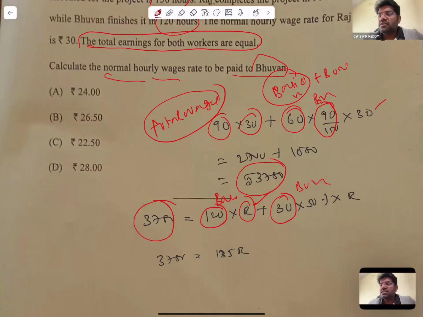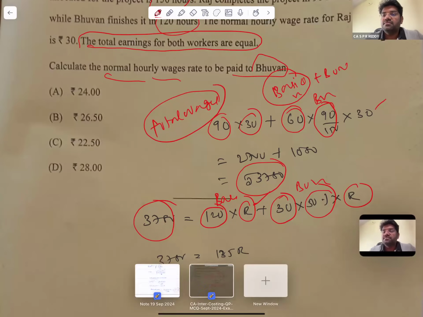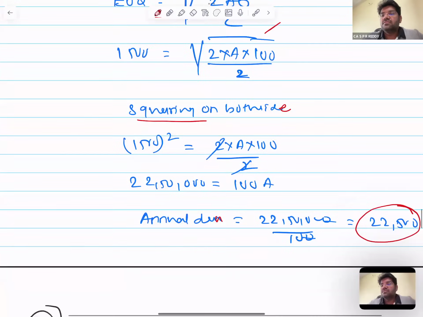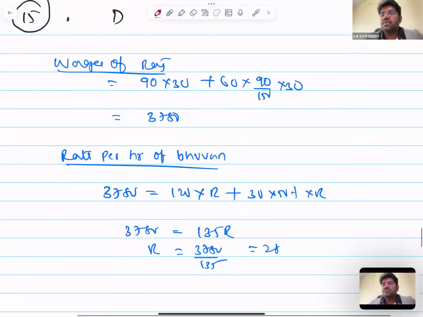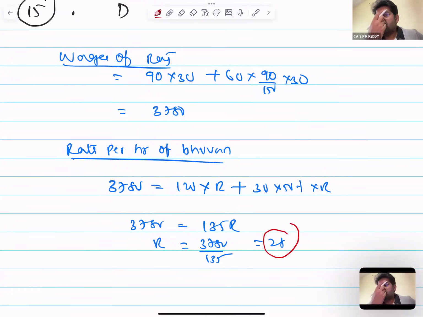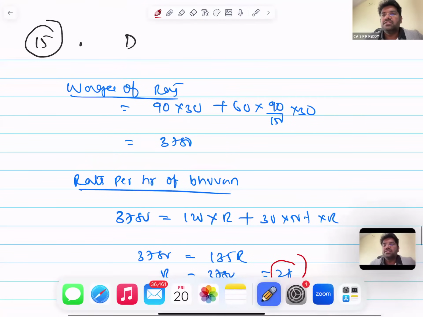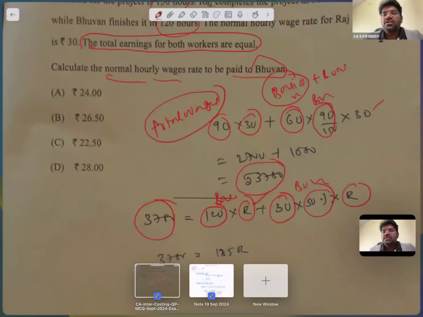So 30 into 50% is the bonus, into rate. If we solve this, R is equal to 3780 divided by 135, which gives 28. That is the rate per hour. So for the 15th, D is the correct option.